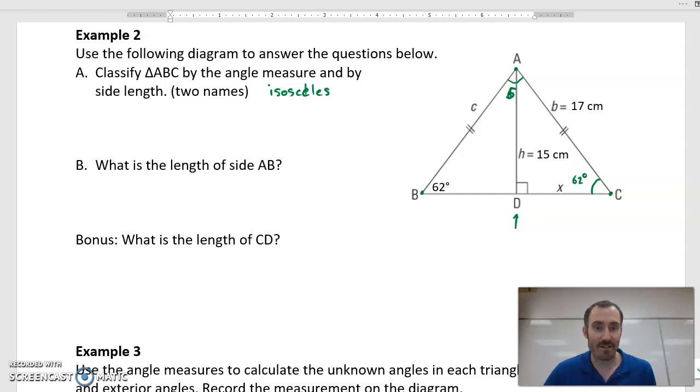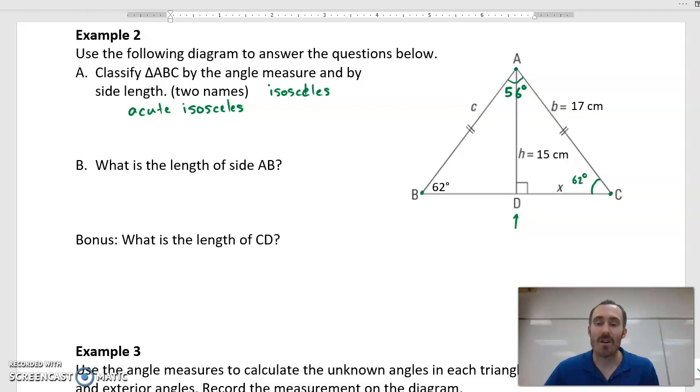That's a 6. Let's try this again. 56 degrees. There you go. And that makes this an acute triangle. So I would call it an acute isosceles triangle. Again, you could call it an isosceles acute triangle.